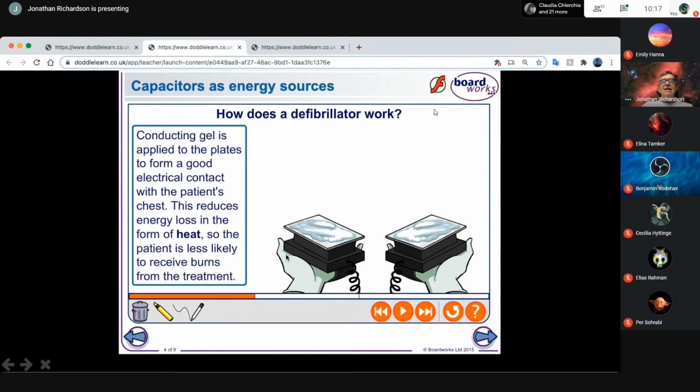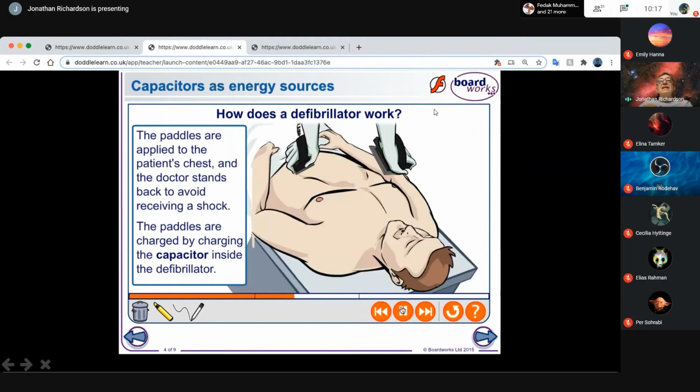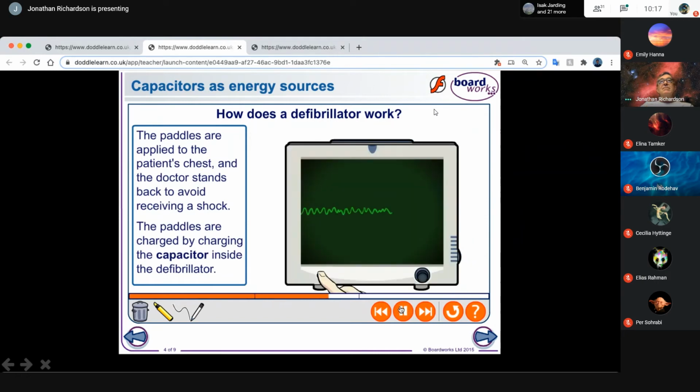Again, think that you might have 2, 3, 4, 5,000 volts passing through this thing. So you need something that will pass the energy through it and not burn the person's skin. So you can then take the paddles and place them onto the chest.